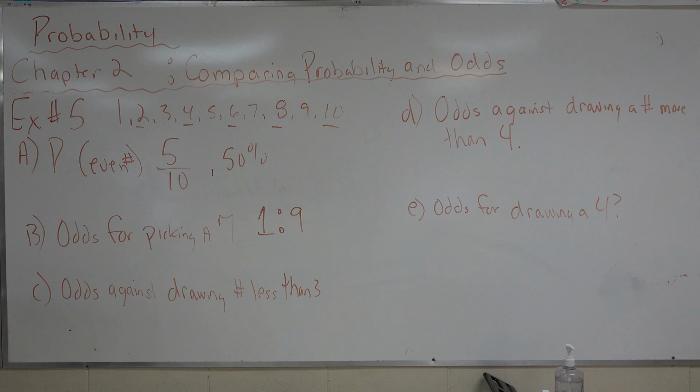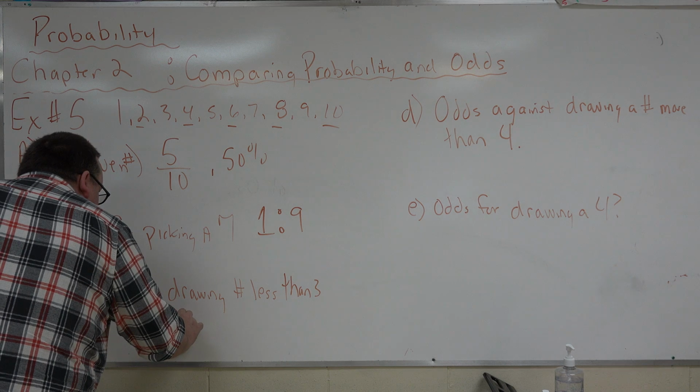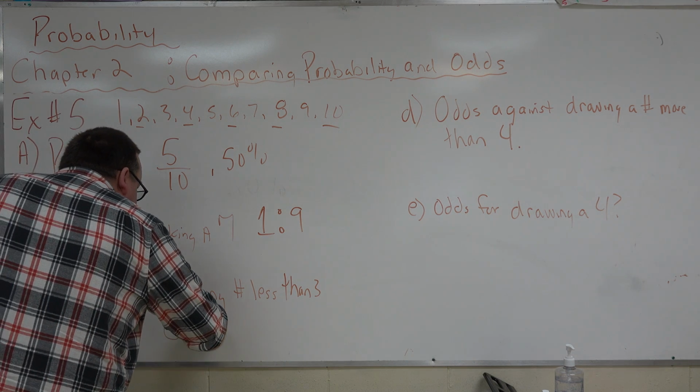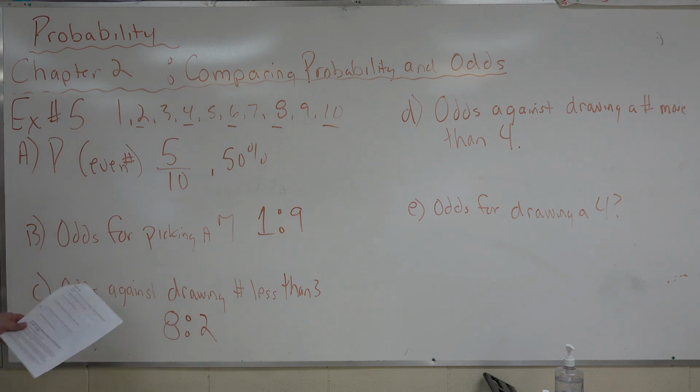But if we go 2 out of 8, we're doing odds in favor of getting that number. Odds against would be reverse. So we got 8 numbers that are going to stop us from getting what we want. So that's the odds against getting the 2 that we want. Odds against, 8 out of 2. Odds in favor of getting a number less than 3 would be 2 out of 8. But they're not asking that, so be careful what you read.